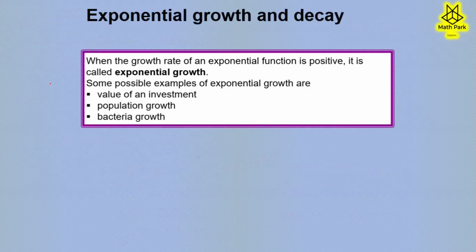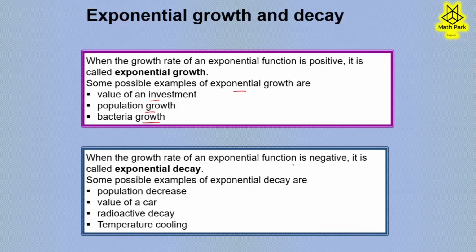Let's understand what is exponential growth and decay. When the growth rate of an exponential function is positive, R is positive, it is called exponential growth. When it is increasing, we talk of a growth. When it is decreasing, we talk of a decay. Some possible examples of exponential growth are the value of an investment, the questions that we have solved in the previous part, population growth, and the growth of bacteria.